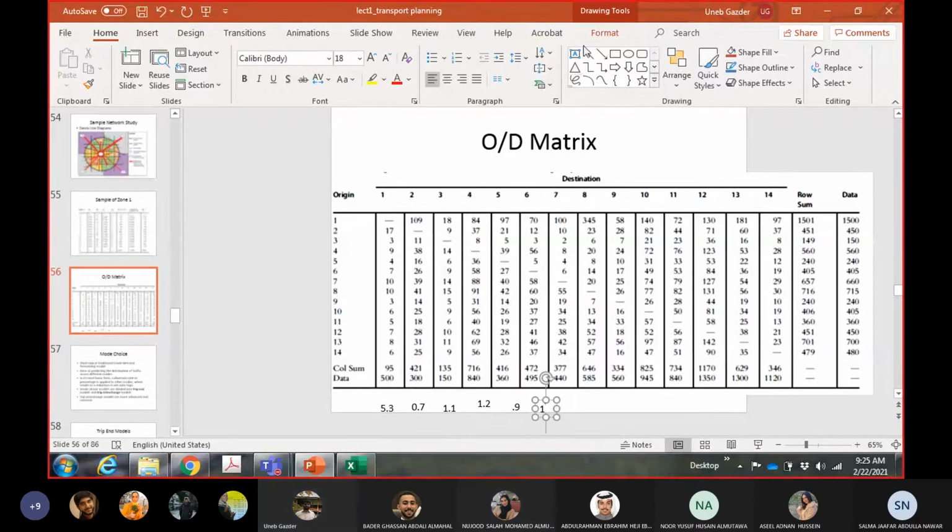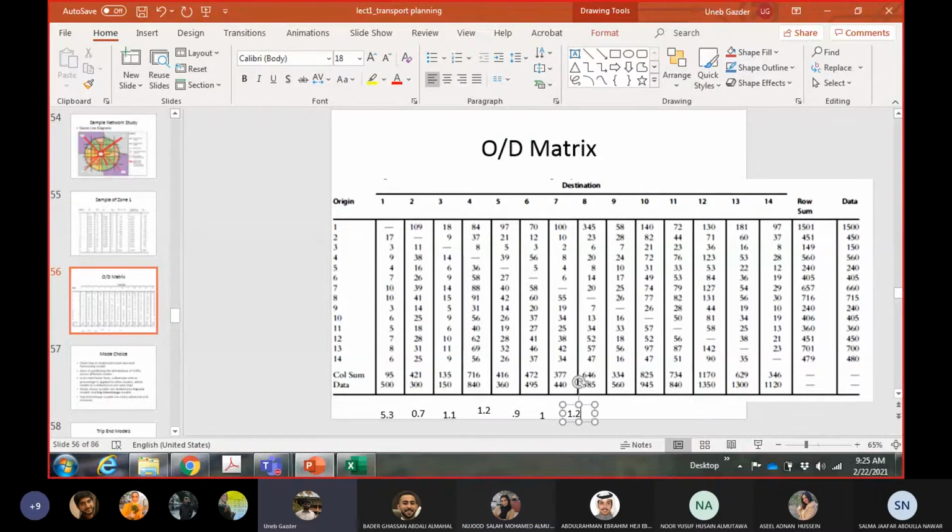1, and then 1.2. And then 0.9. And then 1.7. Then 1.1.